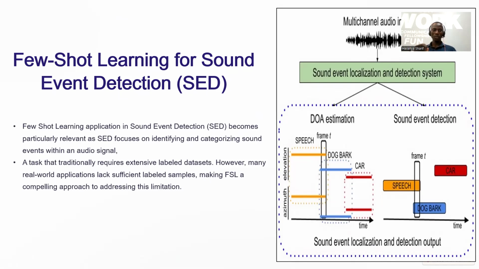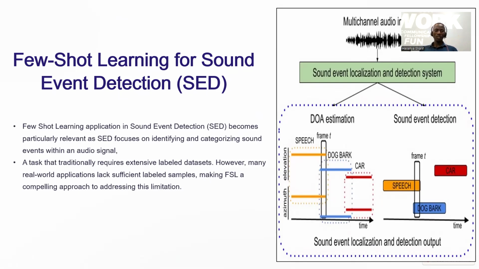So few-shot learning application in sound detection becomes particularly relevant since sound event detection also focuses on identifying and categorizing sound events within an audio. Using the previous example, if we are having an audio, maybe a speech from somebody, we can focus on the filler words that they are using. So that's just a few samples of the entire audio signal.